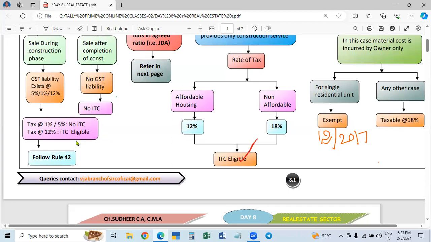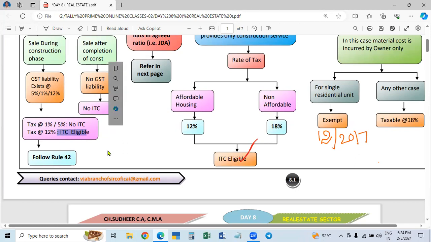Suppose we maintain a separate account of the material and labor, that is inputs and input services, used for the ground floor commercial house. In such a case, the ITC on the amount spent for the commercial house can be claimed in full.